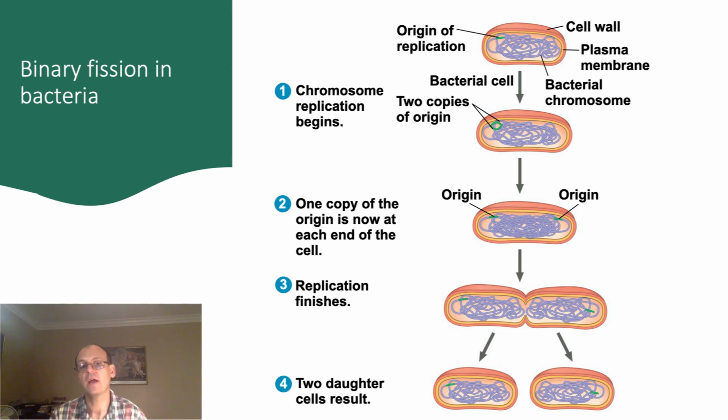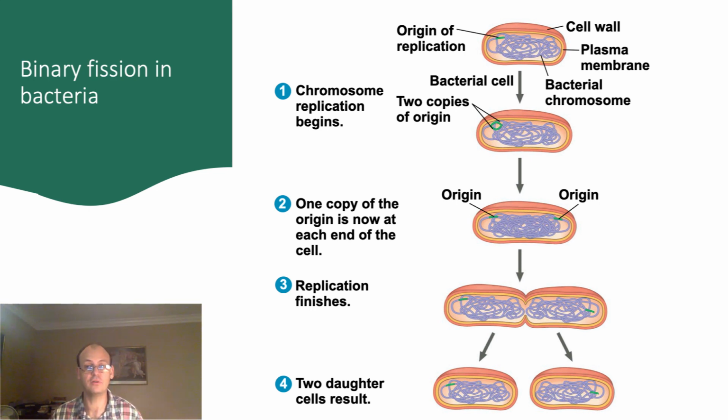Before we finish, I just wanted to mention binary fission in bacteria. Bacteria have one or more circular chromosomes, each with an origin of replication. When the DNA is copied, it's copied from this origin of replication, and as the copying continues, the origins of replication separate to opposite ends of the cell.